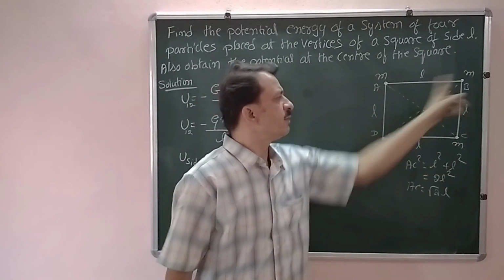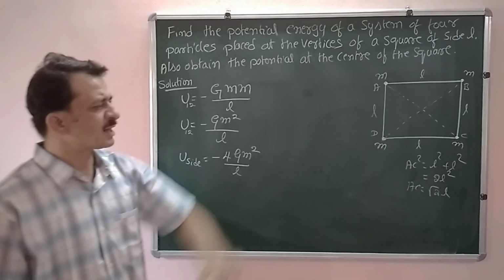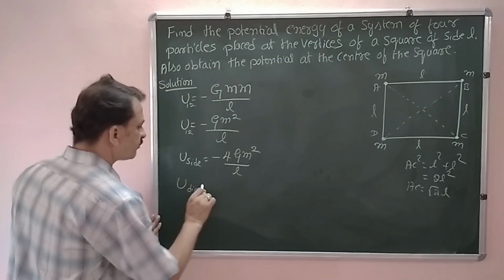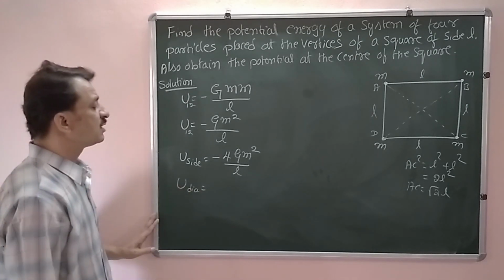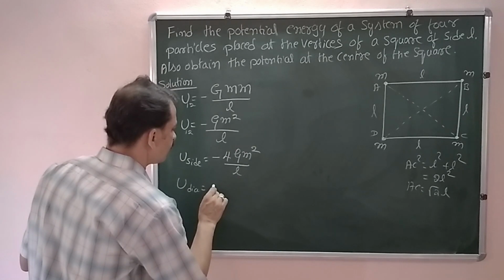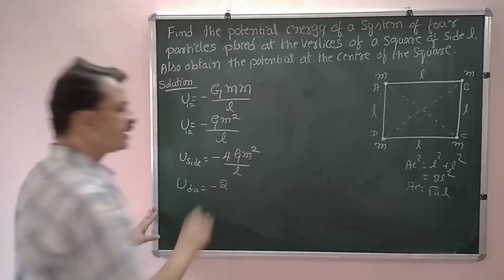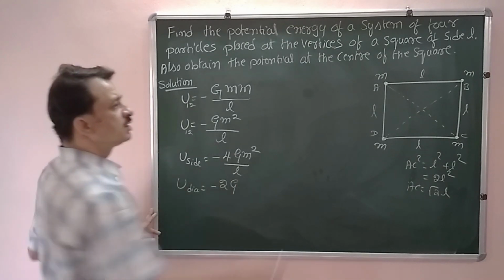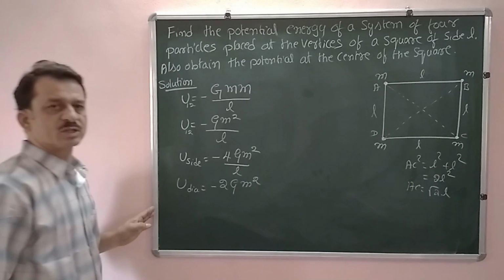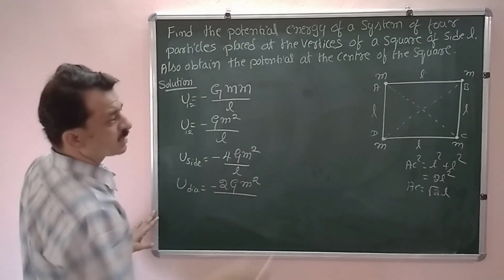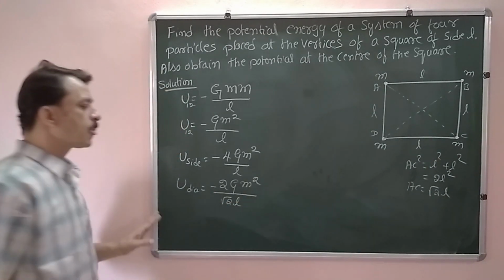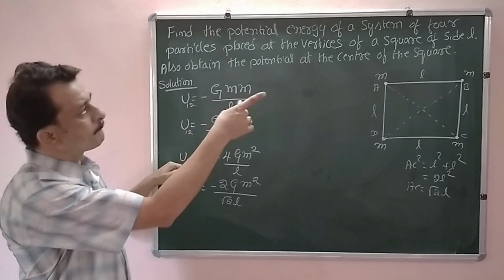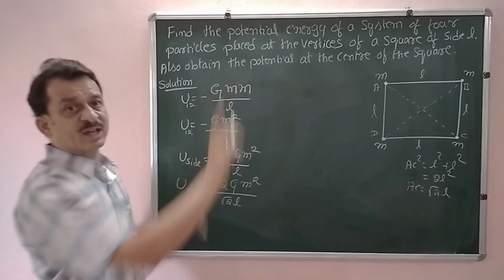Now those diagonals also have the same length, that is root 2 into L. Therefore, the potential energy of the pair of particles along the diagonal is, since there are two pairs, minus 2 G, the universal gravitational constant, times m into m, that is m square, divided by the length of the diagonal, root 2 into L. Now this is the potential energy for a pair of particles along the side, and there are 4 pairs.